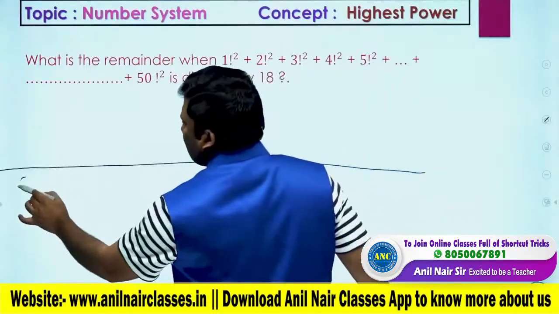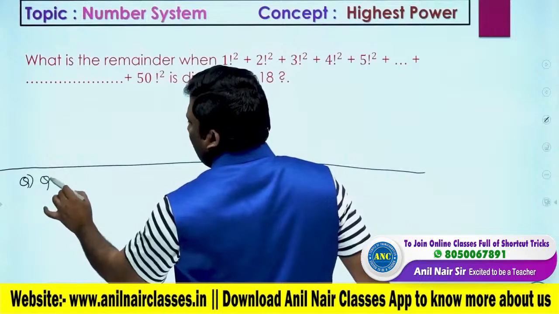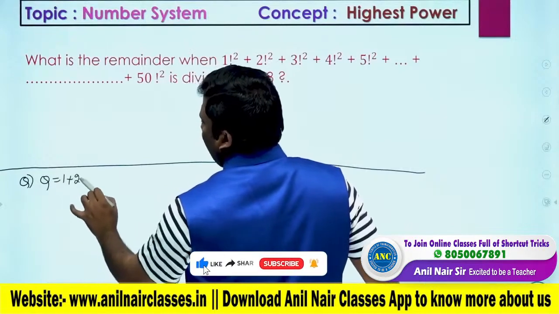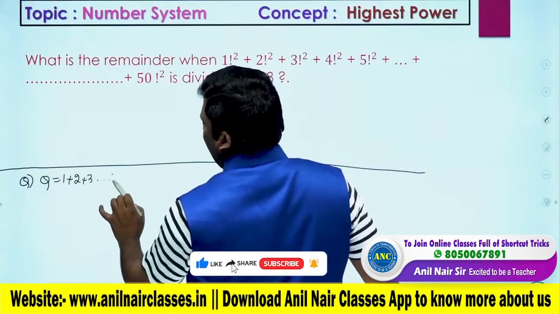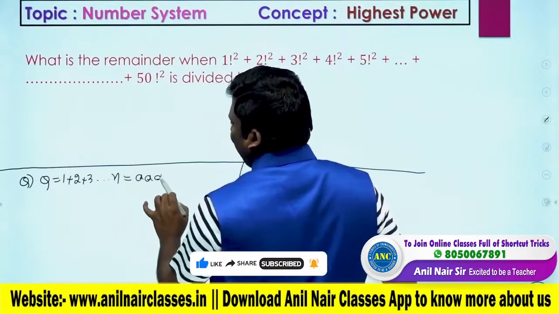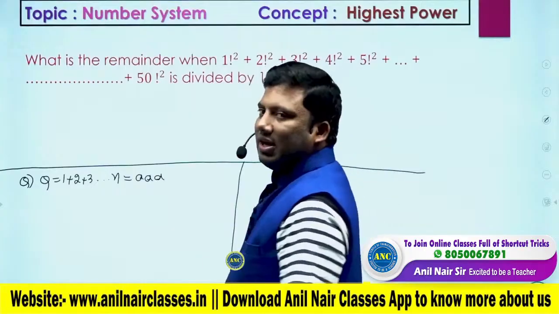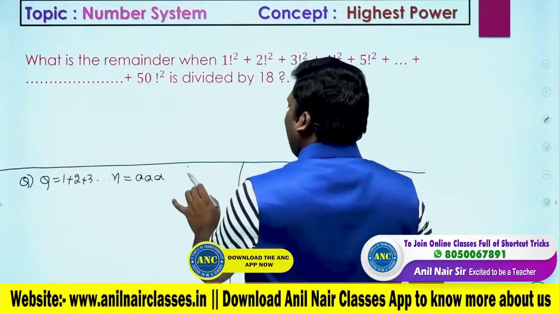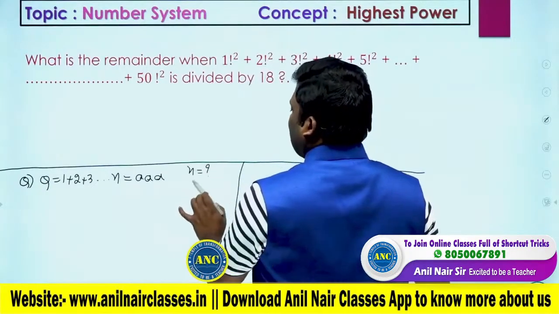Suppose the question is Q equivalent to 1 plus 2 plus 3 and so on up to n, and it is giving a perfect square, let us take it as triple A. What is the value of n and what is the value of A?